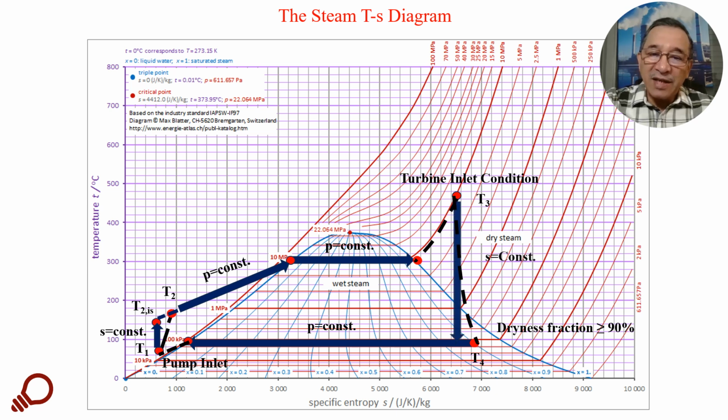Then it will reach the saturated liquid value, where usually in practical power plants this temperature is reduced to T sub 1 as a subcooled liquid before entering the pump, to improve the thermal efficiency of the plant. This is how the Rankine cycle is usually represented on the TS diagram.